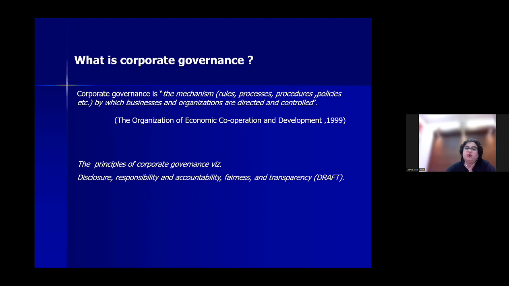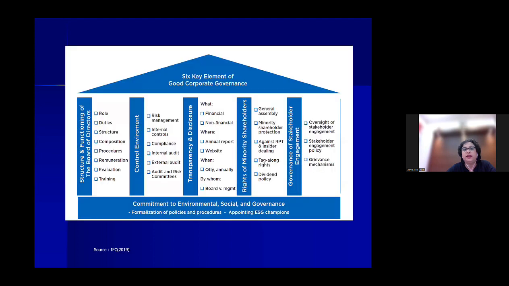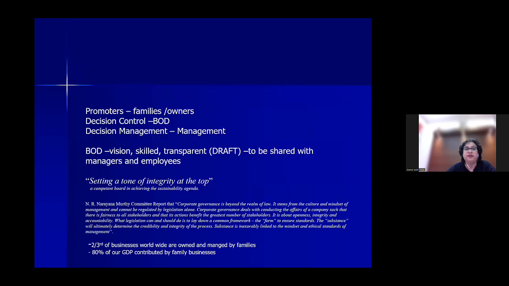These are known as draft: how they disclose information, financial information, financial ratios or non-financial information, to the stakeholders; how responsible they are; how accountable they feel, not only to the organization but to society as a whole; how fair they are in their dealings; and how transparent they are in disclosing information to one and all. So these are the six key elements of good governance and corporate governance identified by IFC.